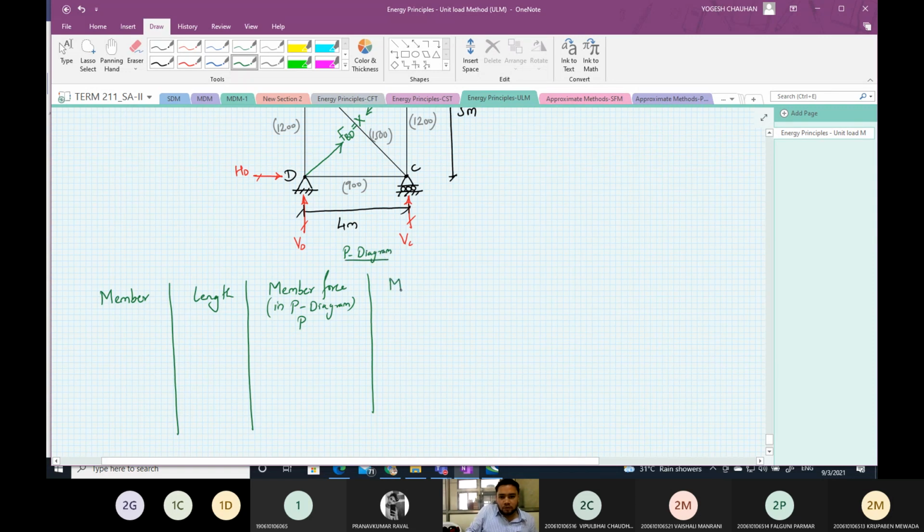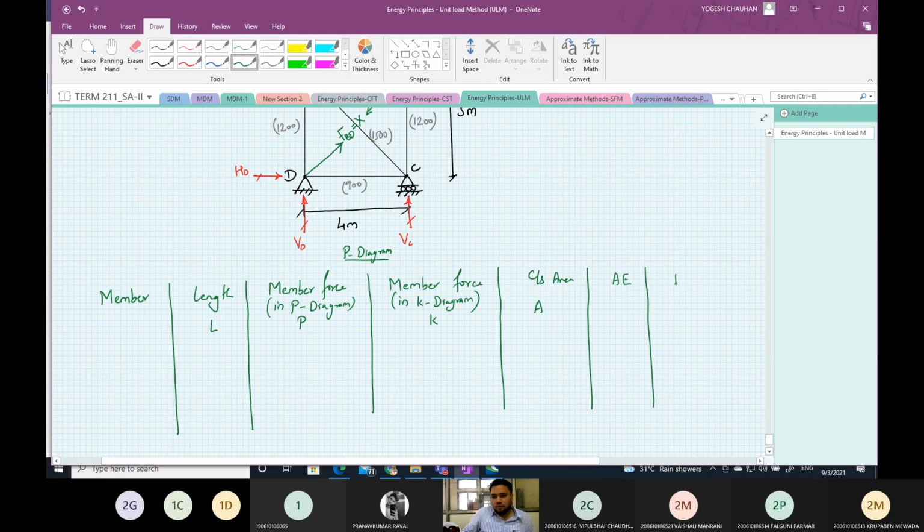And member force in K diagram, which we call it as K. Then we have cross sectional area, that is A. This is L. Then we have axial rigidity, AE, PKL by AE.